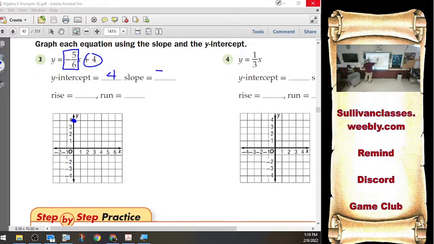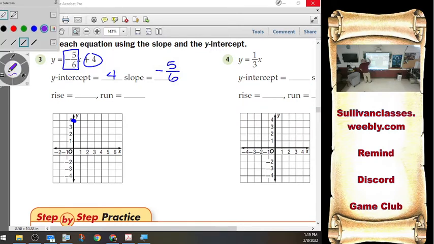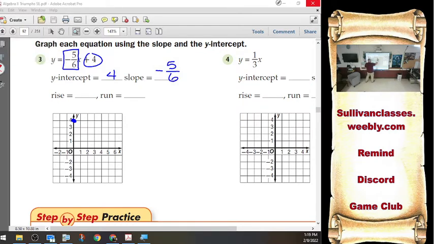Your slope is negative 5. So right next to it, it's negative. You're headed down and to the right. So its rise is down 5. Its run is 6. From this point, I will go down 1, 2, 3, 4, 5.